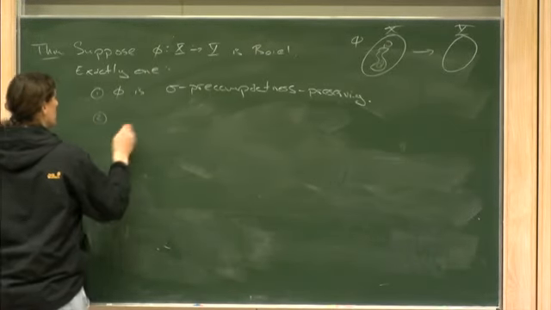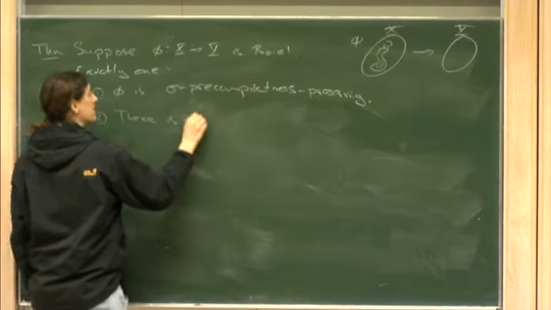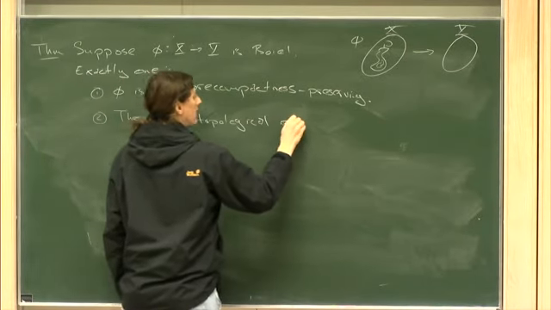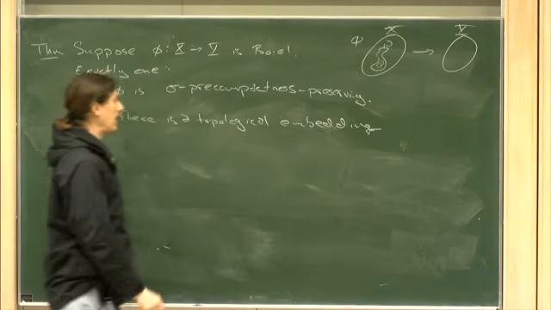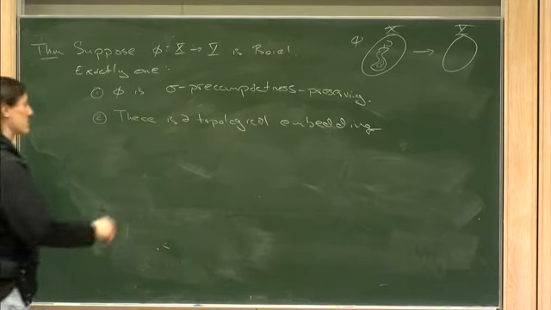Or two, there's a topological embedding of a certain partial function that has no completions which are precompactness preserving.